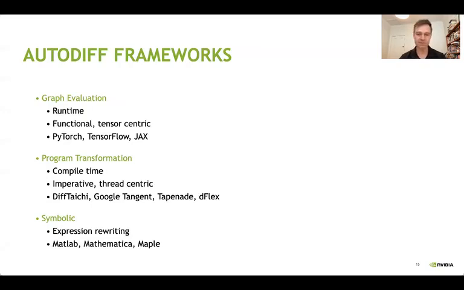Examples of this would be things like DiffTaichi, Google Tangent, Tapenade, and my own library, which is called dFlex. Essentially, what these do is they take some description of the program, maybe as an abstract syntax tree, traverse that at compile time and generate the adjoint of the program, which is then compiled to some machine code.